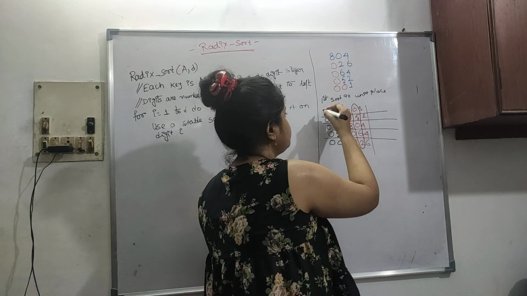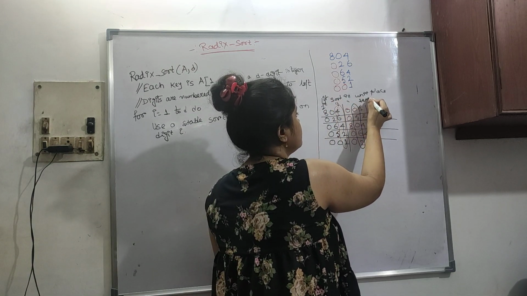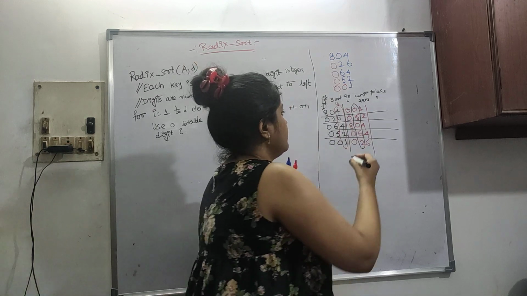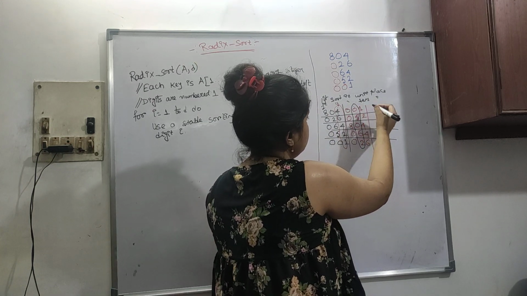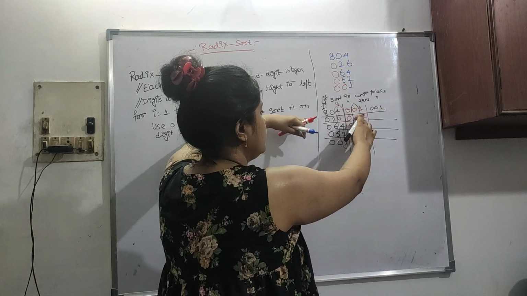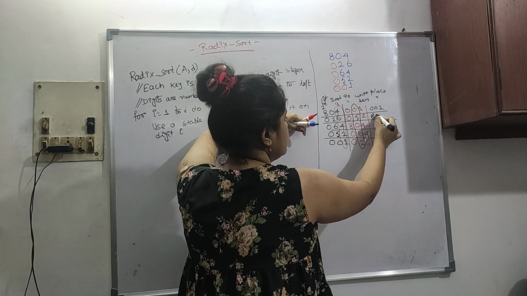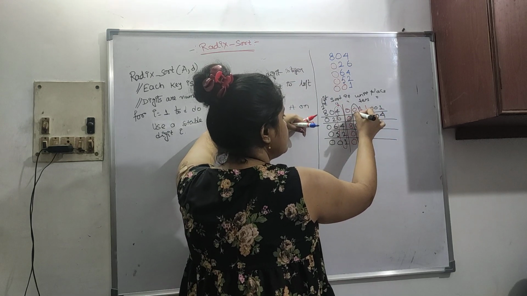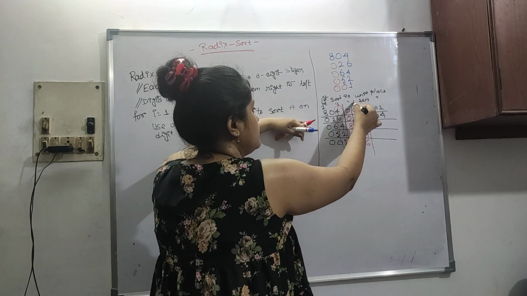Now second, sort by tens place. Now 0 0 1: 0 is there, so nothing to change. Then again 0, that is 8 0 4. We are just checking this tens place column.